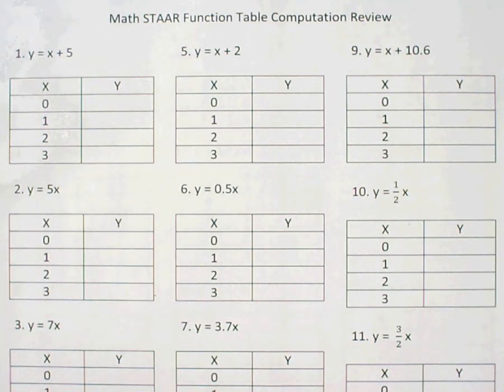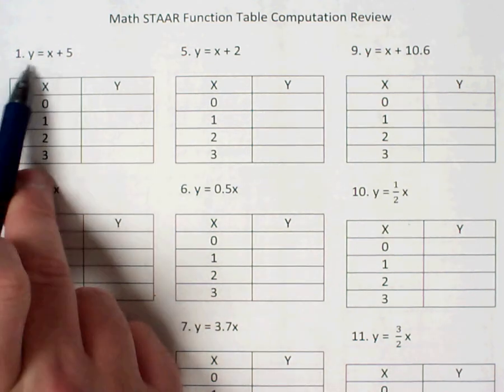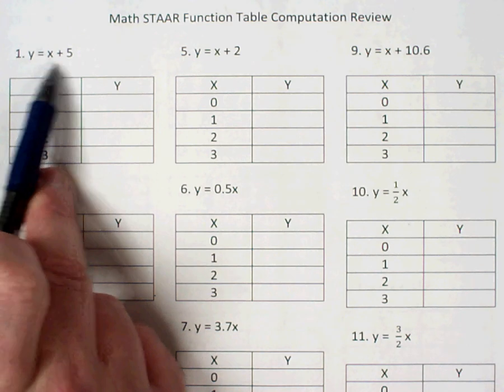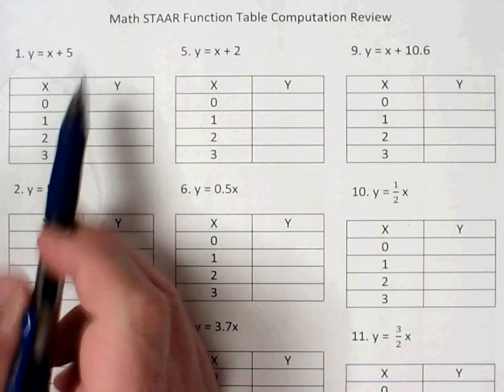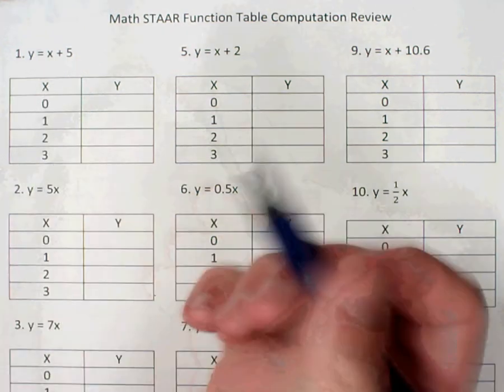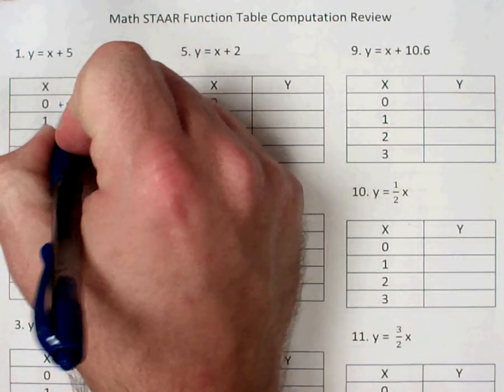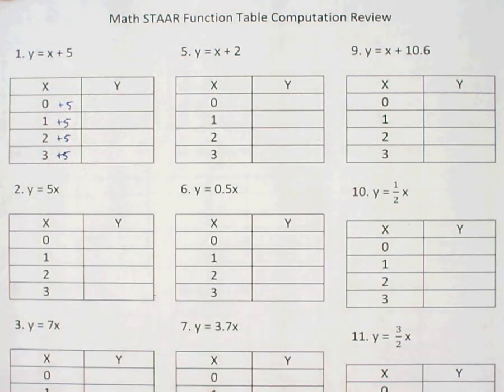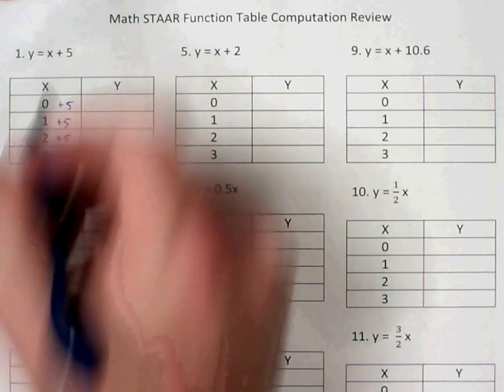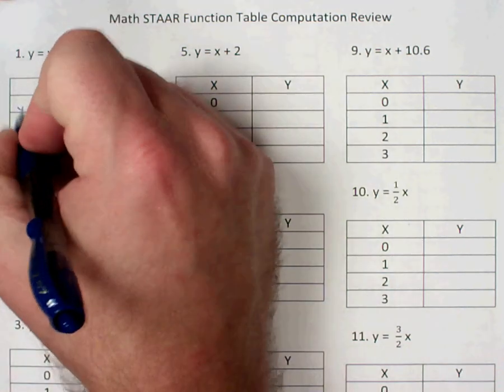So we're going to start with number 1, which is pretty much the most simple that we're going to see. But it's pretty common on STAAR that we will see just an addition pattern, where our input is x, and we're going to add 5 to that input to get our y. So as we look through our input list, we're basically just going to add 5 to all of these, because this becomes my x, and then y is going to equal this.